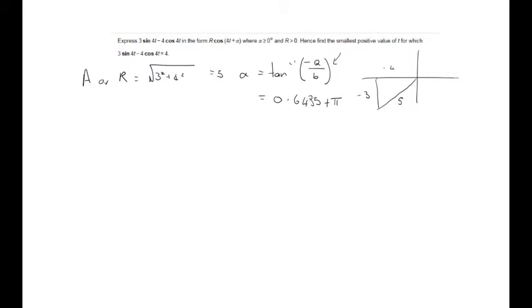So at the moment I've got it in radians, so it would be 3.785, but then of course I'd go back and check that it needed to be in degrees, so I would convert that to 216.9 degrees. Now we've rewritten it into the appropriate form, so we now have to solve 5 cos(4t plus 216.9) is equal to 4. So get rid of the 5.